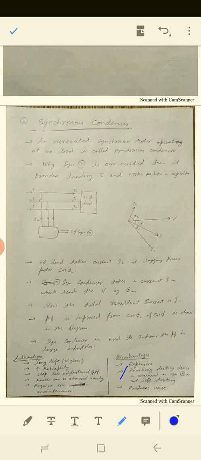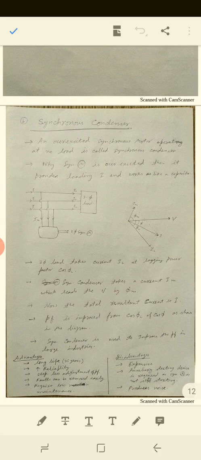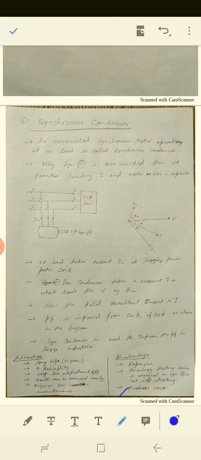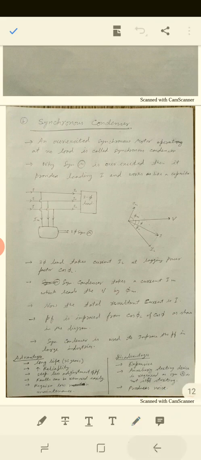We know that the synchronous motor is not self-starting, so for starting purposes we have to connect auxiliary starting devices, so the cost will be more. The last one is that it produces noise, as it has moving parts.